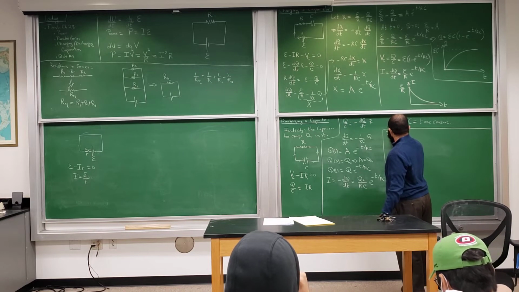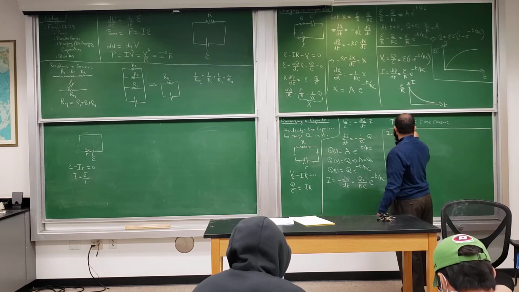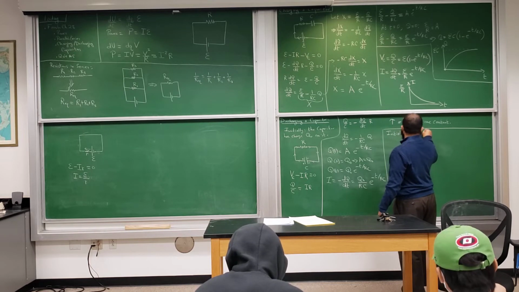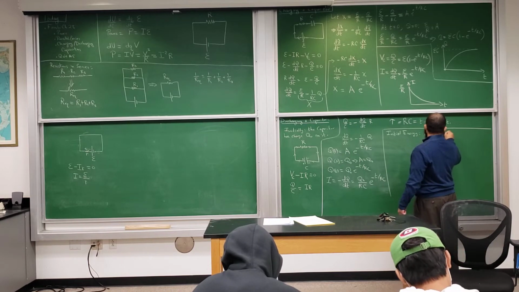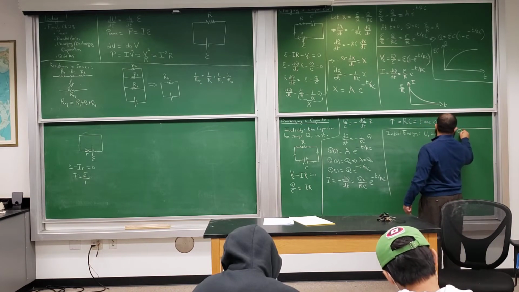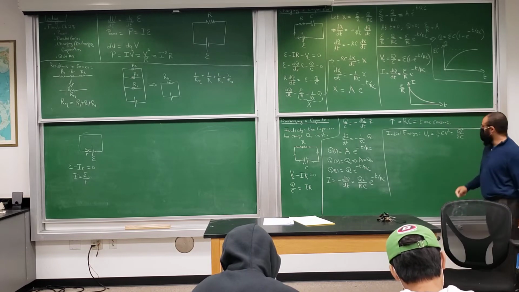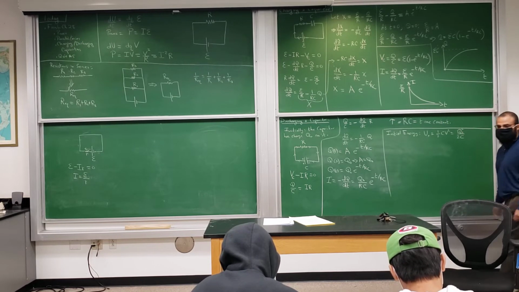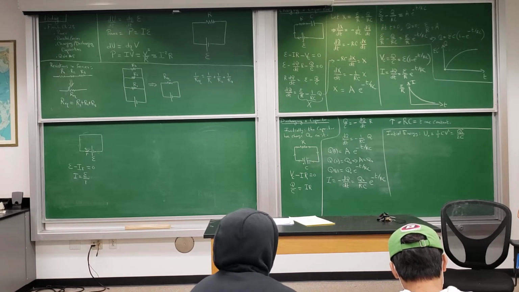So the initial energy in the capacitor is U0. It is one half CV squared, or it's Q0 squared over 2C, right? That's the energy in a capacitor.